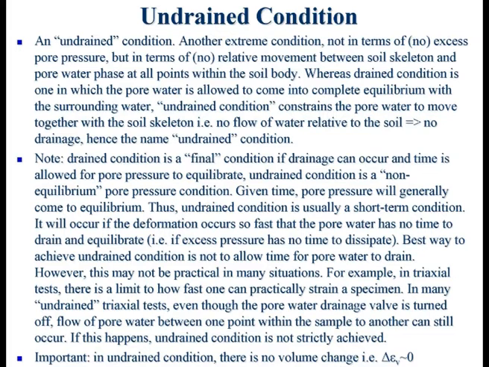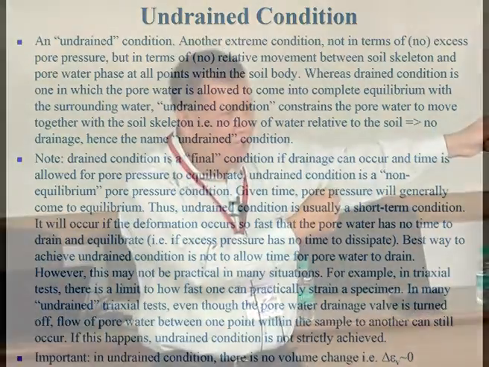So there are two things. I like to think of it as two ends of a rope. You or me as a geotechnical engineer holding one end of the rope, the soil holding the other end of the rope. In a drained condition, I control the boundary condition, the pore pressure condition. The soil controls the volume flow rate, how much is flowing in and out. I can't control it, he has to control.